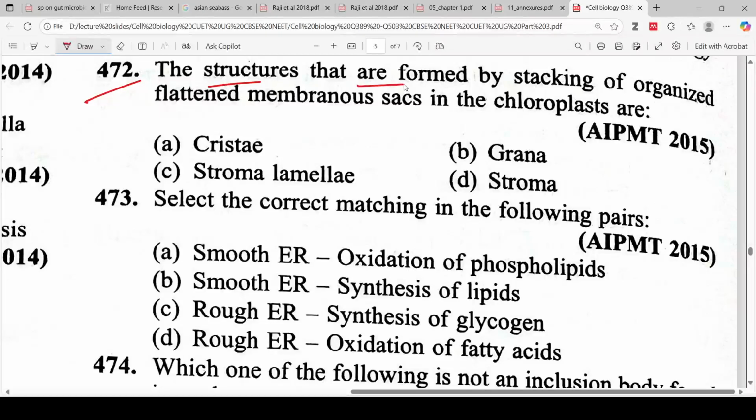The structures that are formed by stacking of organized flattened membranous sacs in the chloroplast are called grana.